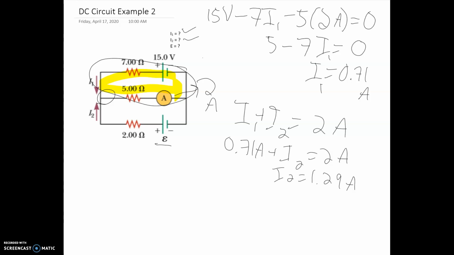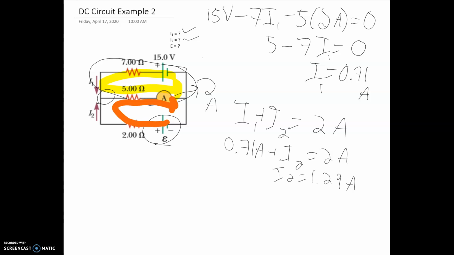The last thing is to come up with what is the voltage of this battery here. For that, I'm going to make a loop. And my loop this time, instead of making it counterclockwise, because I want to keep my battery positive, it's just the way I like to do it, I'm going to make my loop clockwise.